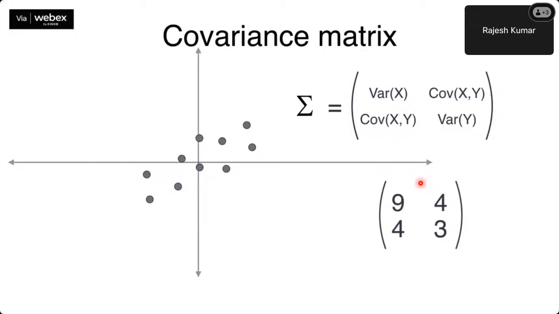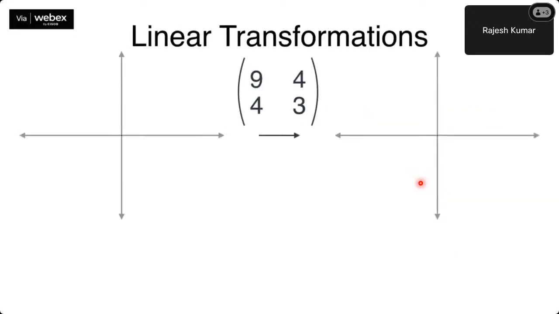That means it gives us an indication that if I take a projection on the x-axis, then we'll get a high variance. The spread will be more than the projection on the y-axis. That is the indication of variance along x versus variance along y. And this technique, we use it to develop the further methodology.